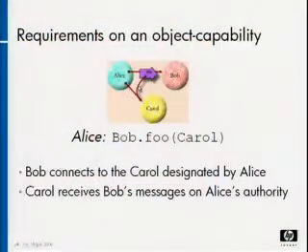It's kind of odd when you think about it that Bob doesn't care who Carol is. All Bob wants to do is make sure that the messages he's sending are being delivered to the object that Alice designated.